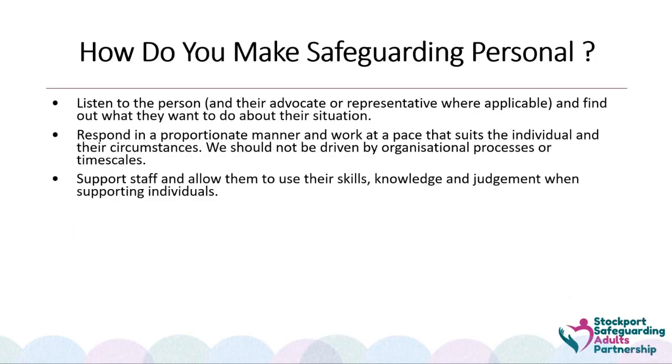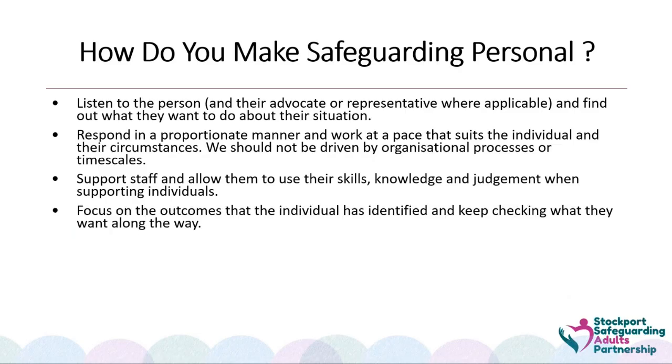Support staff and allow them to use their skills, knowledge and judgment when they're supporting individuals around making safeguarding personal. Focus on the outcomes that the individual has identified. Keep checking what they want along the way. Keep reviewing things, keep going back, making sure that you've got that person-centered approach.